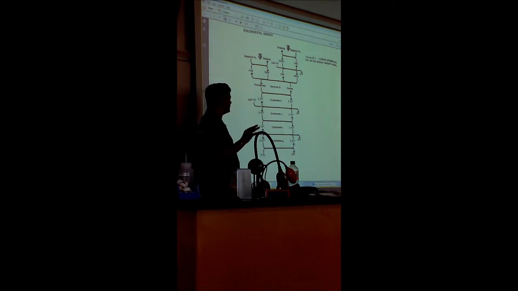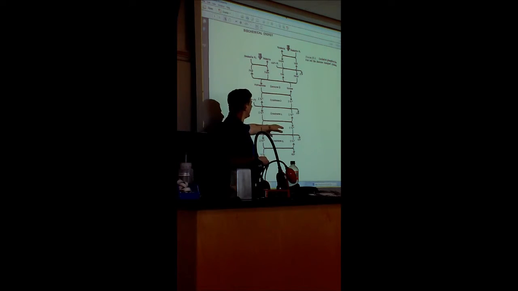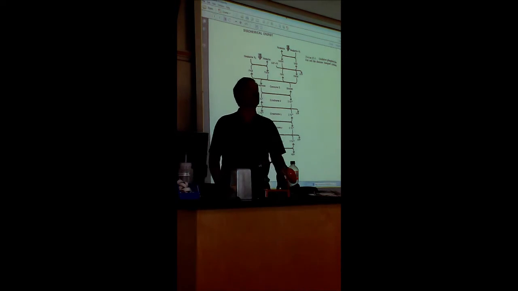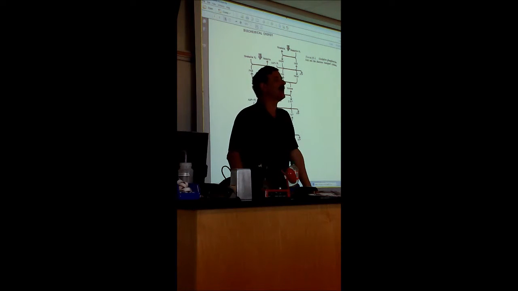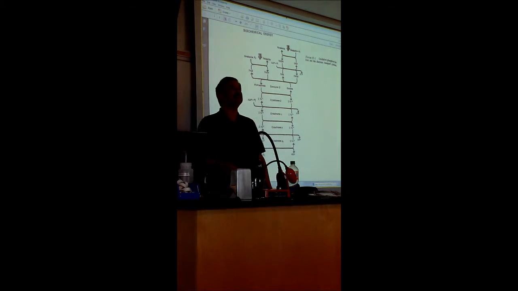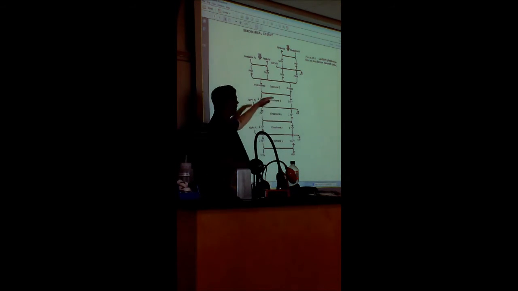Another way of saying that is that every molecule that is below some other molecule has less energy. Every molecule that is above some molecule has more energy. So the higher up you go, the more energy you have, because you haven't lost the energy yet. The lower down you go, the less energy you have, because with every single step, you've lost more and more energy.